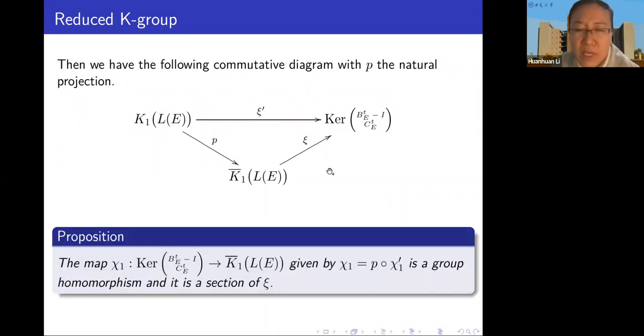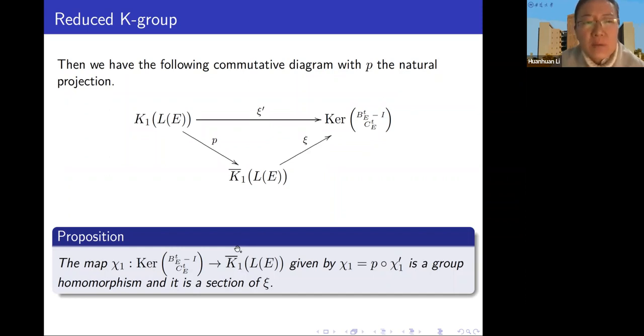And then we can have a new map, which is the composition of P with the prime map. Actually, we can prove this is a group homomorphism, and it's a section of the map. Because we know the prime map is split, it has a section, so here the map also has a section. This proposition is one part of a result in the joint work with Ara and Hazrat.